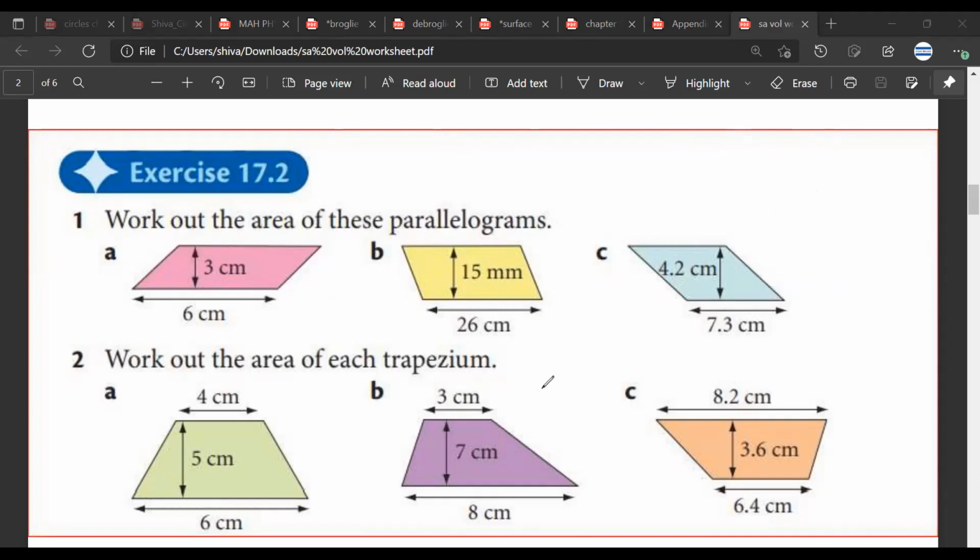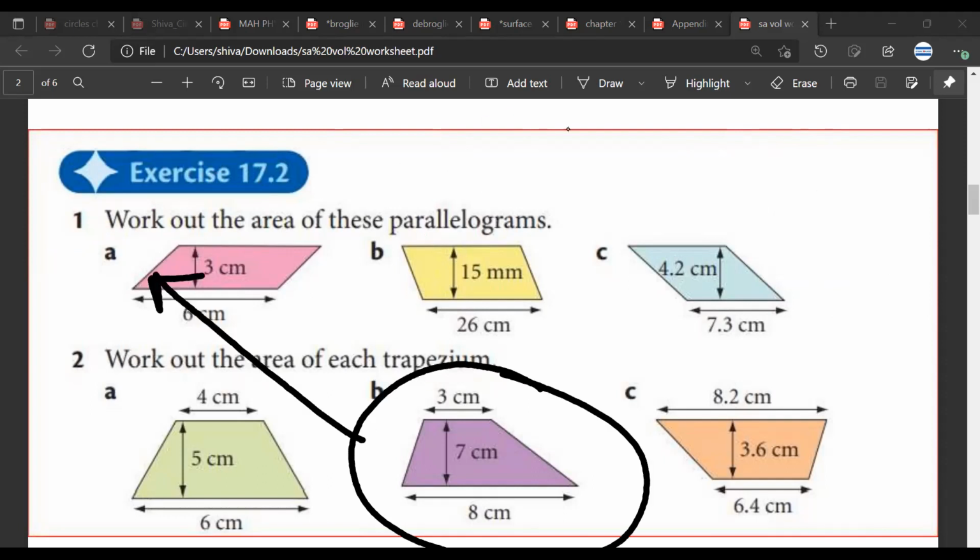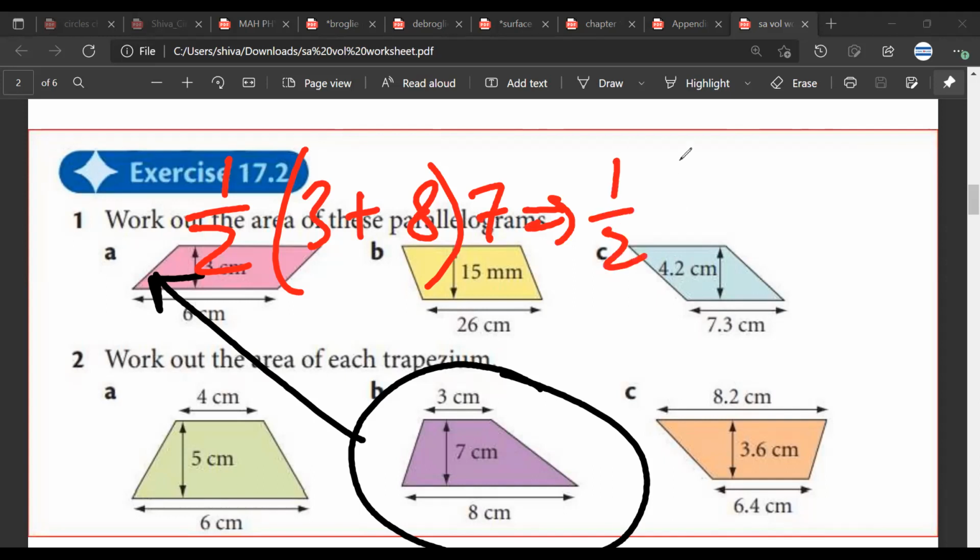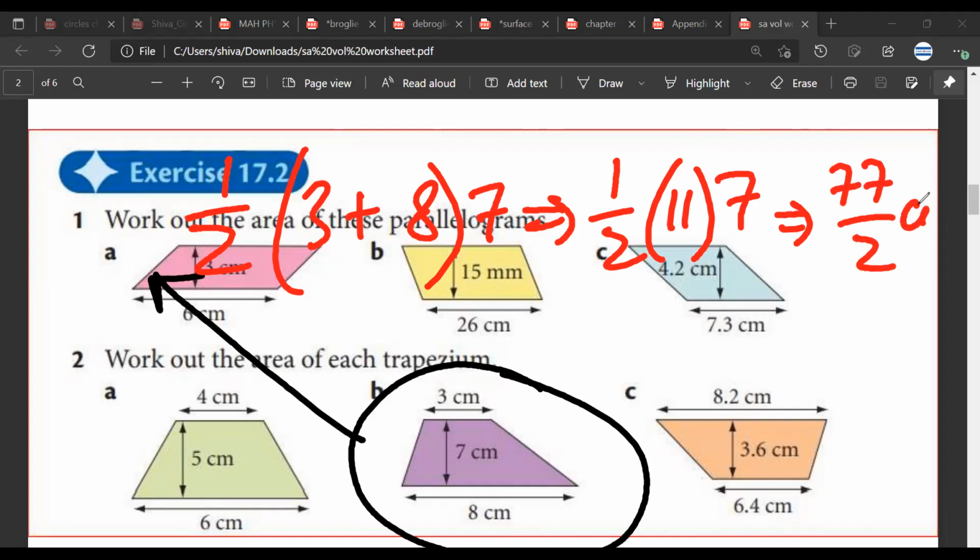Okay. Mr. Satya, how should I calculate this? Half into 24 into 7, which is equal to 84. Half into (3 plus 8) into 7, which is equal to half into 11 into 7. Is it correct? Yes. 77 upon 2 centimeter square. Sarthak, is it correct?